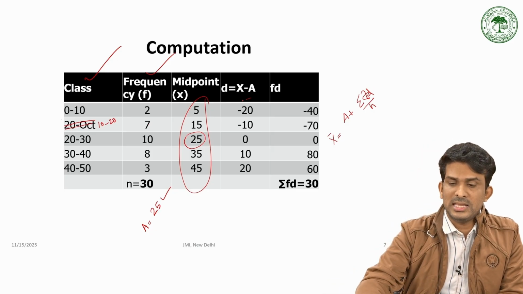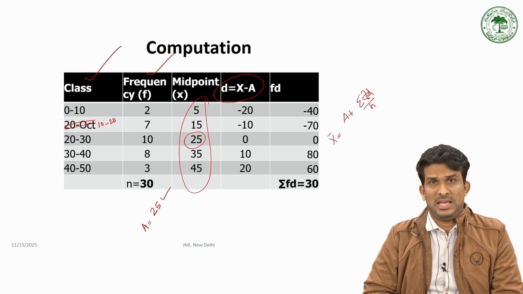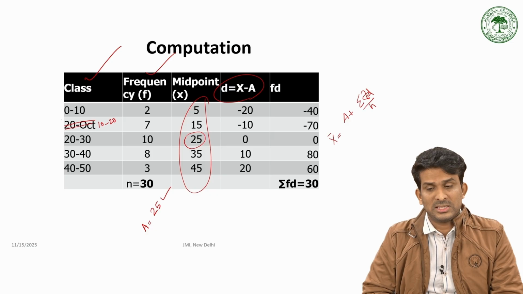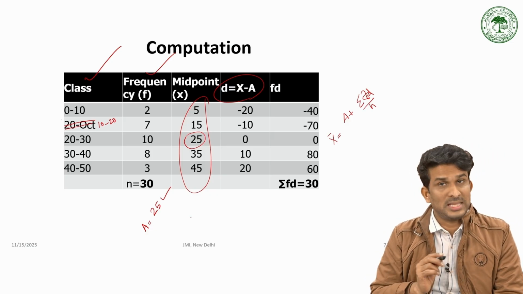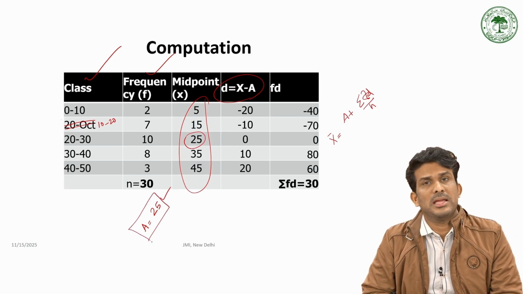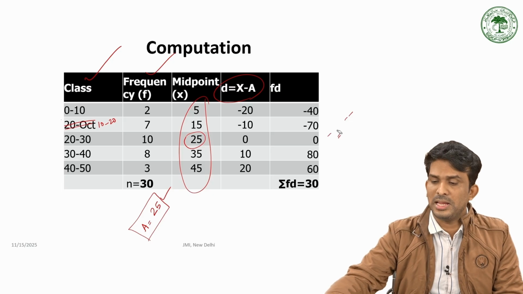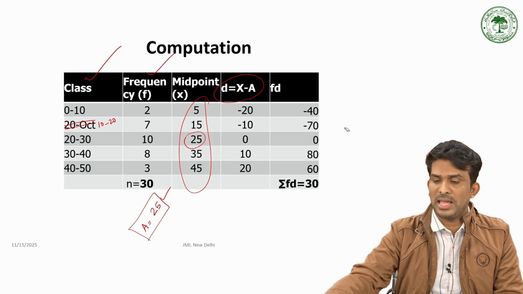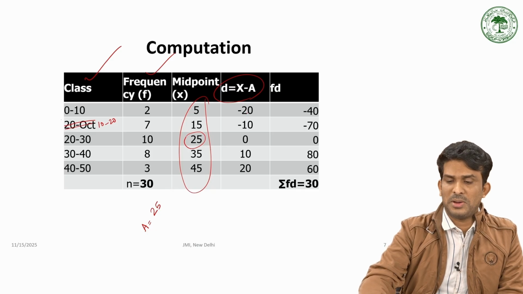Yes, d is x minus a. What is x? X is the midpoints, all the midpoints. What is a? We have already got it. A is assumed mean. Got it? So just calculate x minus a.